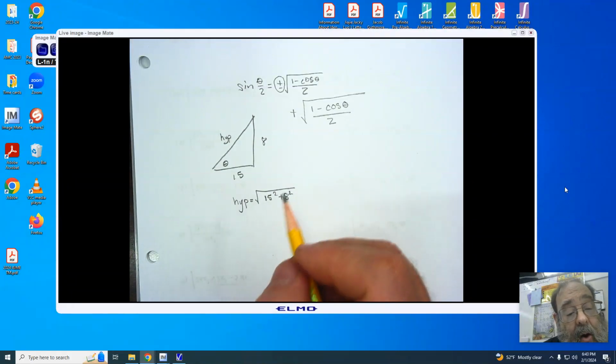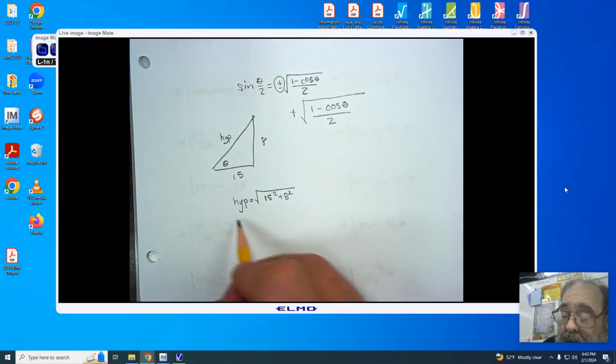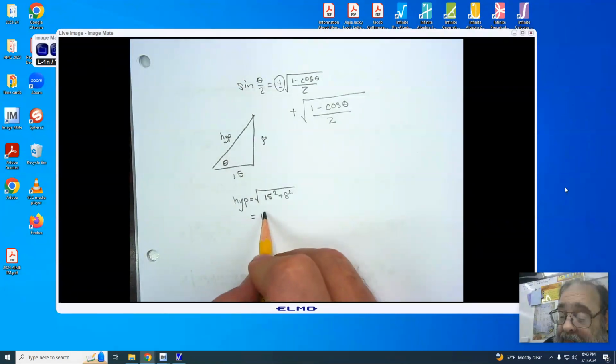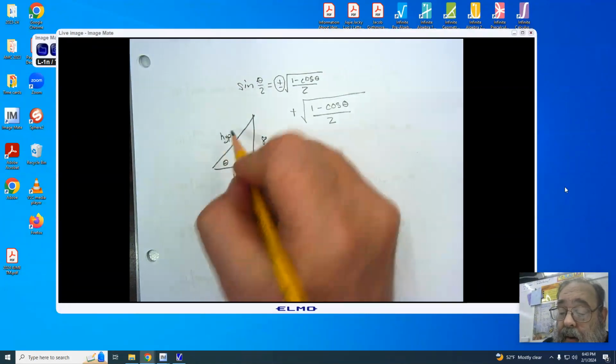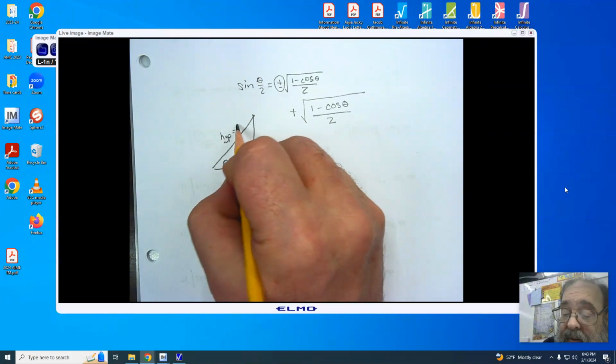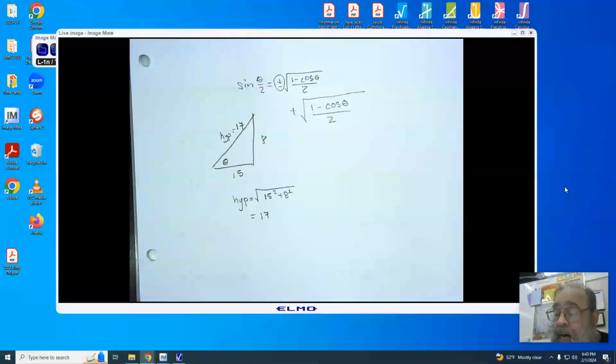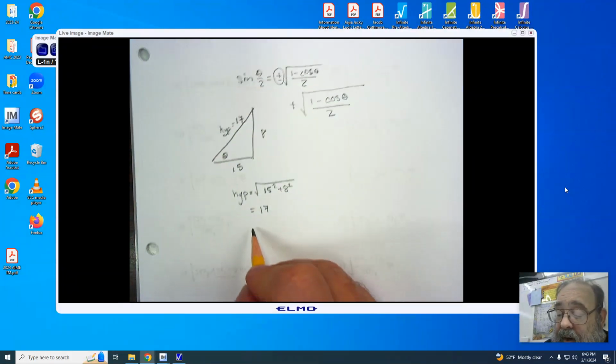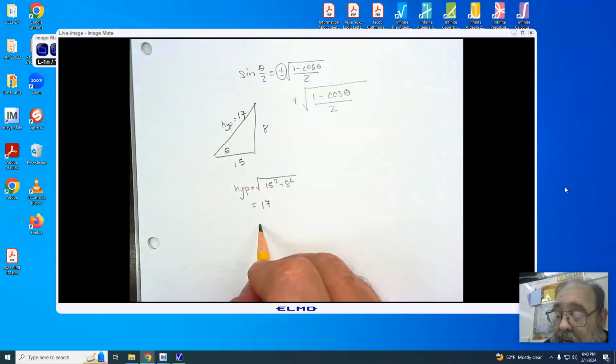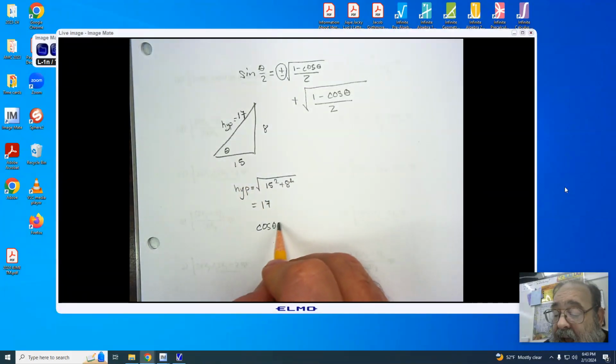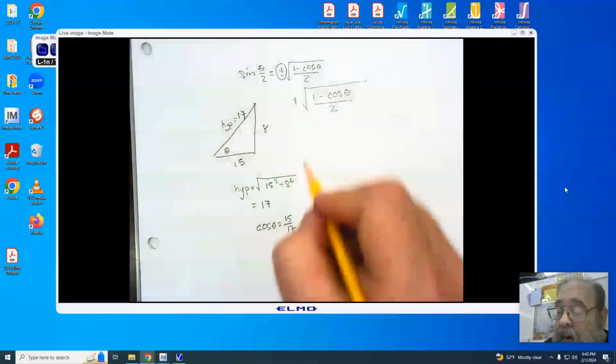If you do not know that this is a Pythagorean triplet, you will find out very quickly, as you will get a 17, which means the length of the hypotenuse is 17. We're then going to find the cosine of this theta. The cosine of theta has to be 15/17, and this is what we're going to use.